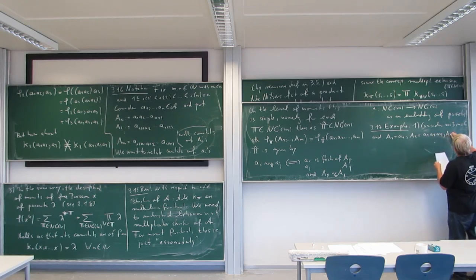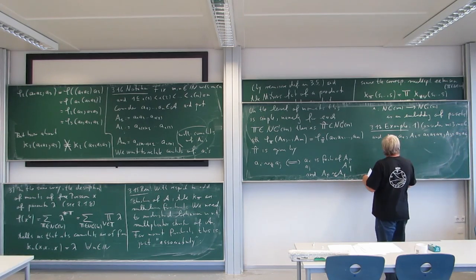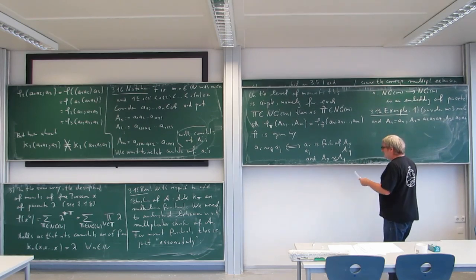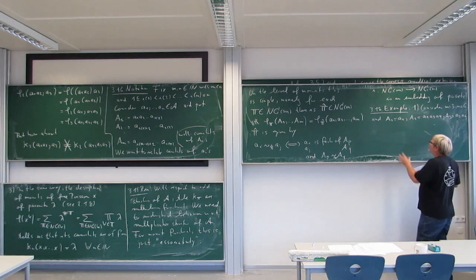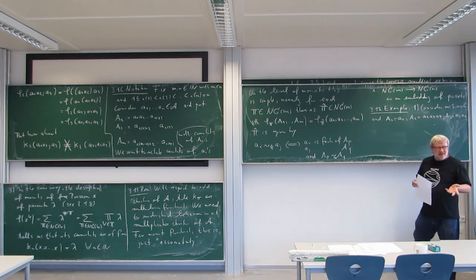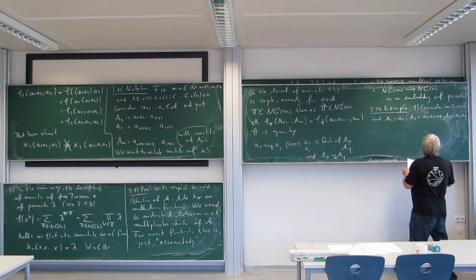And for A_3, I'm multiplying the remaining 2 together, a_5 and a_6. Then we have a mapping which maps non-crossing partitions of the capital A's to non-crossing partitions of the little a's by just respecting this multiplication.